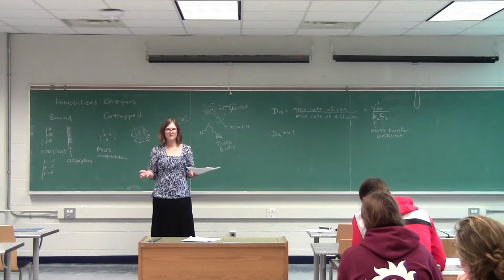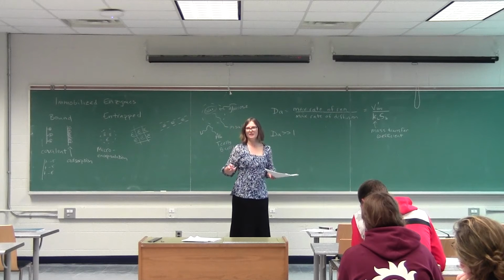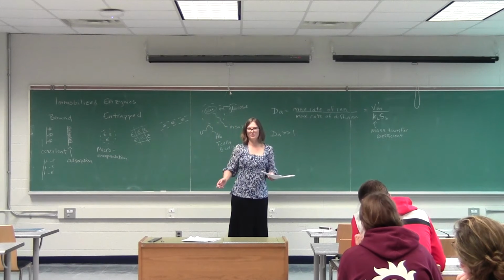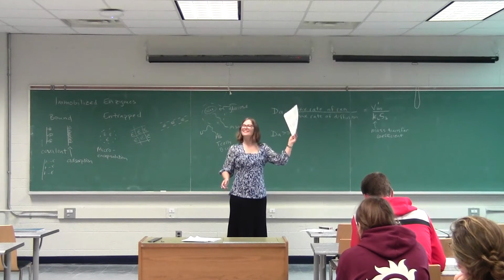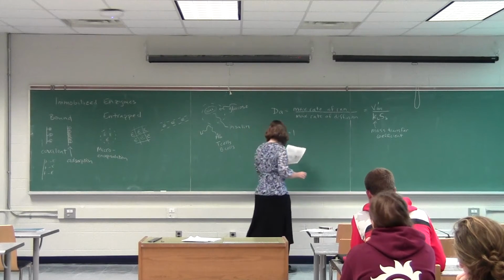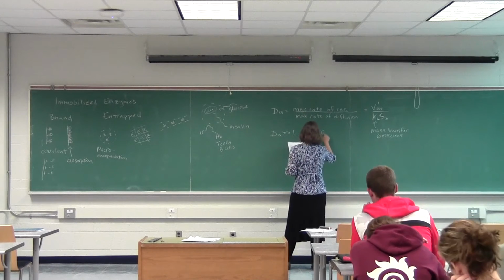Reaction or diffusion? Hands up if you think what's limiting is reaction rate. Hands up if you think what's limiting is diffusion rate. 75% of people paying attention. Okay, yes, so that means that's diffusion limited.